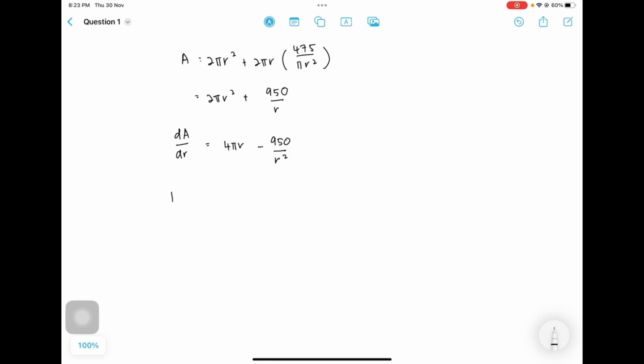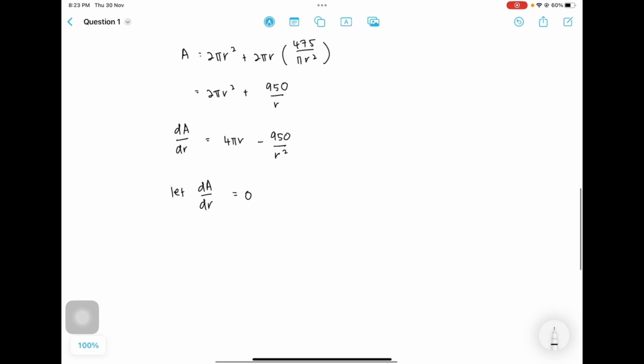Next, we let dA over dr be equal to 0. So we will get 4 pi r minus 950 over r square is equal to 0.